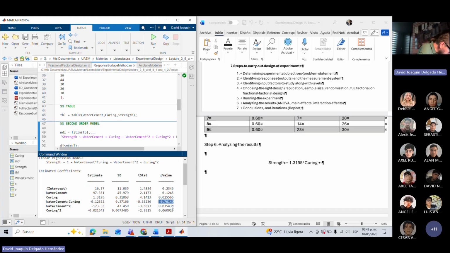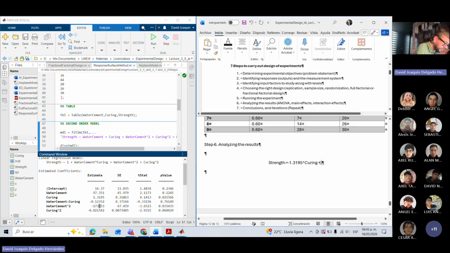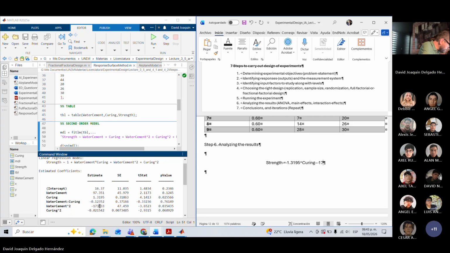The coefficient is minus 173.33 times water cement to the second power.